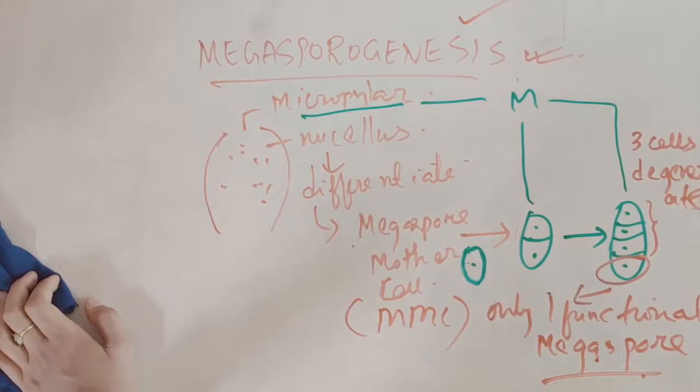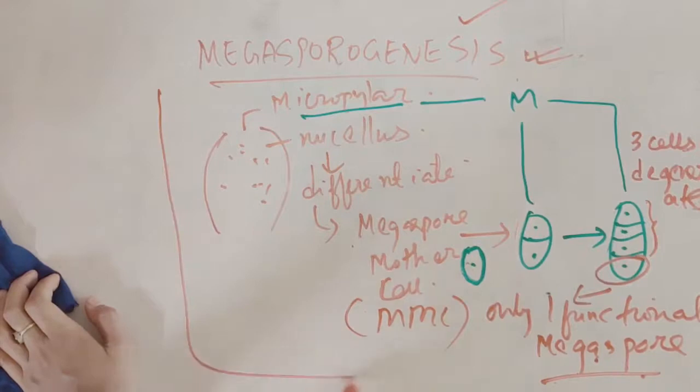What is Megasporogenesis? The formation of the megaspores from the megaspore mother cell is called Megasporogenesis. We can write it down: the process of formation of megaspores from megaspore mother cell, MMC, is called Megasporogenesis.